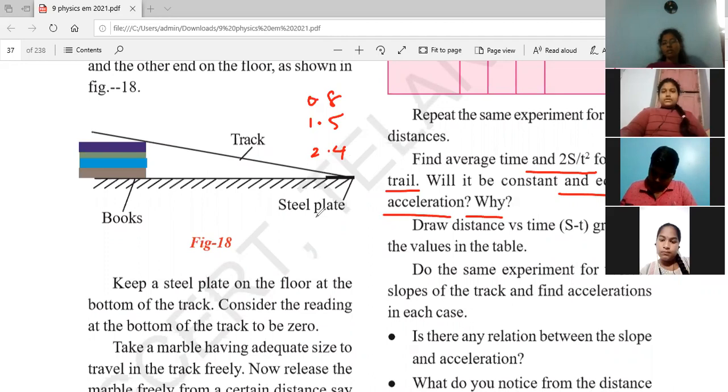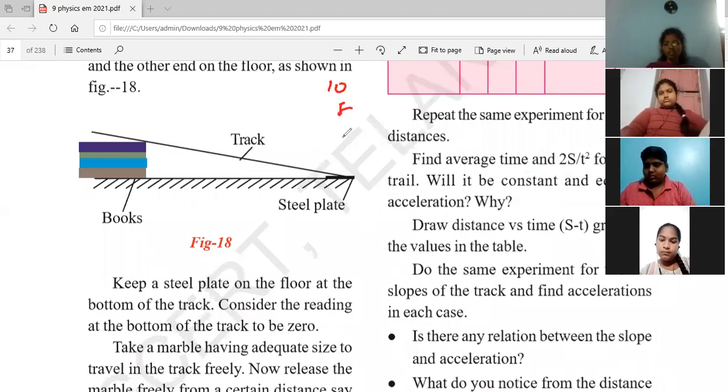Average time and 2s by t square: average time is decreasing. First of all, we got 10. After that, 8, 7. Like that we got. Here average time is decreasing and 2s by t square is increasing. Yes, this is not constant. So when the slope is increasing, then the average time is decreasing.